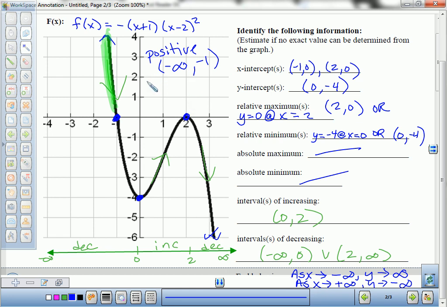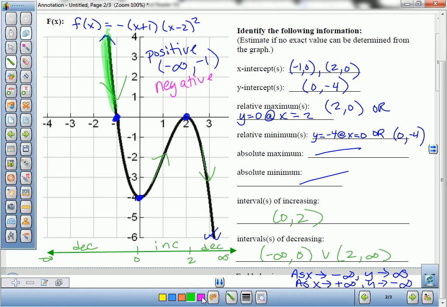Okay? The next question says, over what intervals is the function negative? In other words, over what intervals are the y values of the function negative? Below the x-axis. So now we're looking at negative. Where is it negative? It is negative below the x-axis. So this is negative here to here. It's negative.